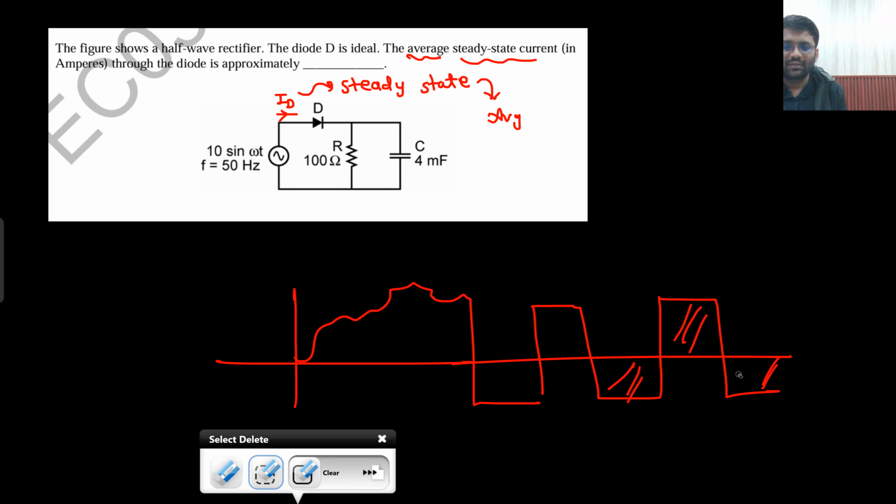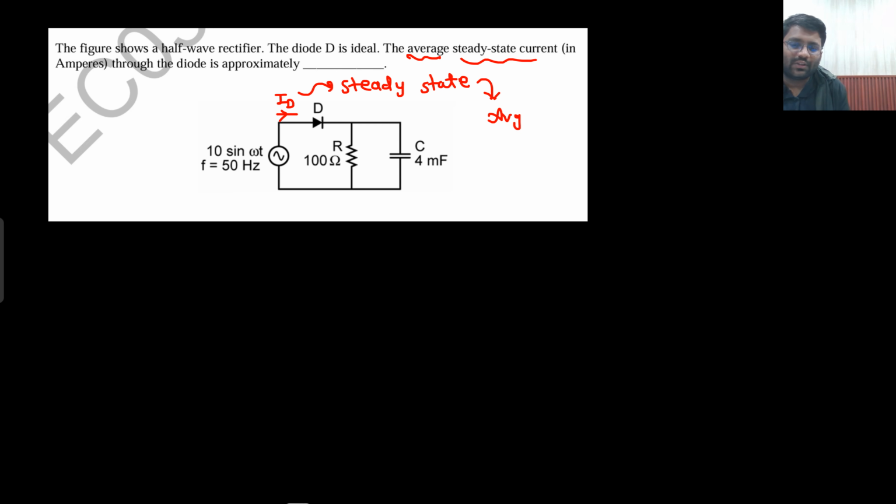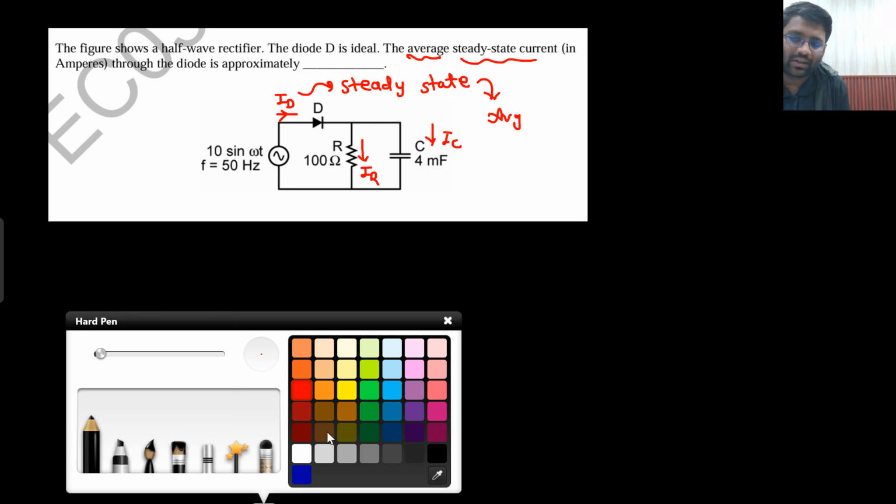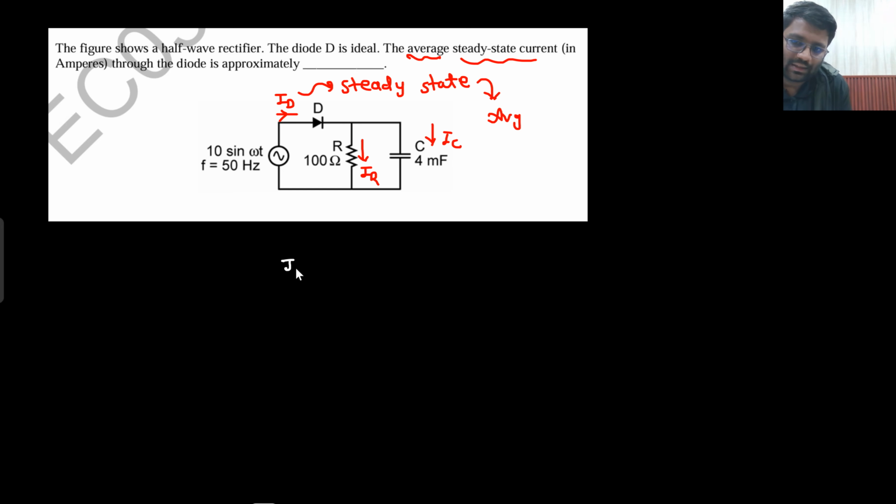Now can you let me know what your diode current is equal to? The diode current is equal to the current in the resistor plus the current in the capacitor. So the diode current ID equals IR plus IC. Now, can I take the average like this? Yes sir.